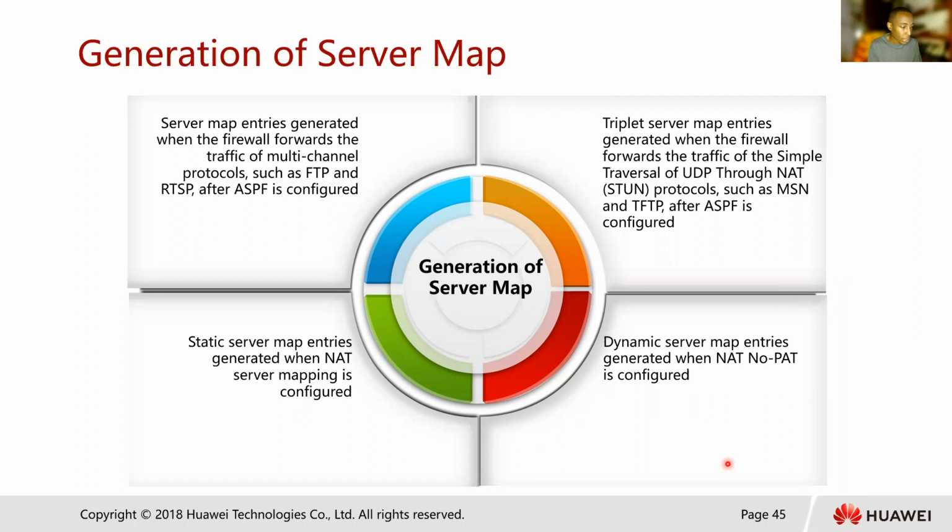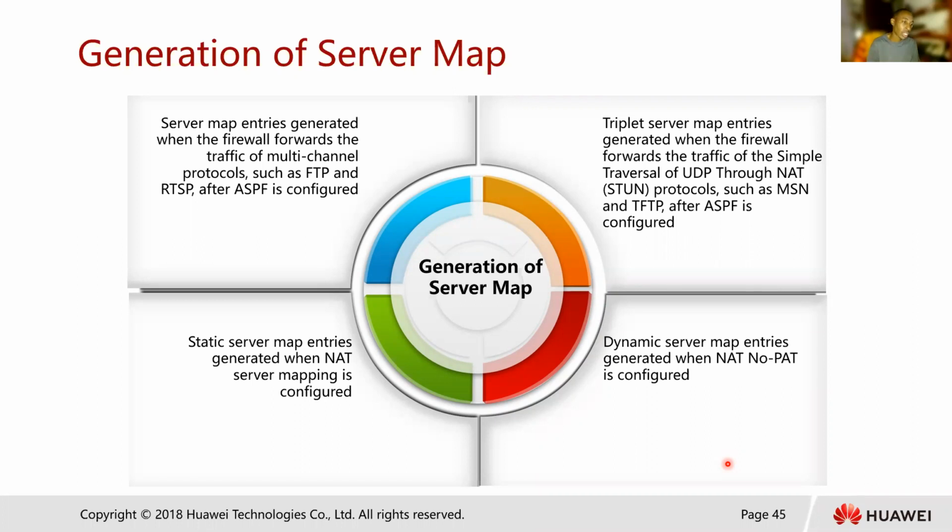Static server map entries are generated when NAT server mapping is configured. So this is the process of generating the server map. Dynamic server map entries are also generated when NAT and NO-PAT is configured.